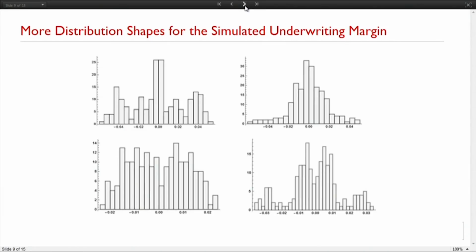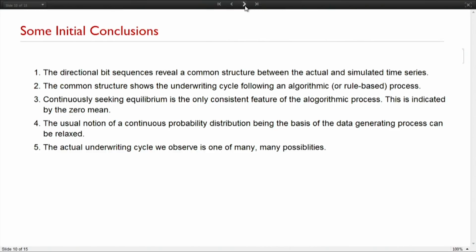The market is always going to equilibrium, but if it goes fast or slow, there's so many factors that go into it. And so I'm saying, well, now my simulated data matches the actual, but I'm going to separate the notion of a probability distribution that governs the data.